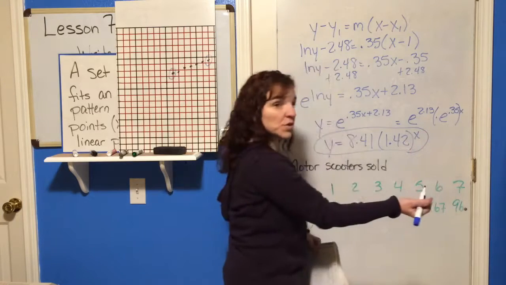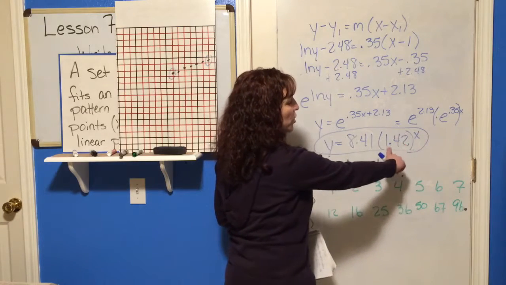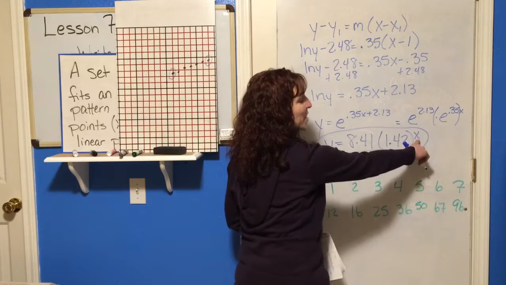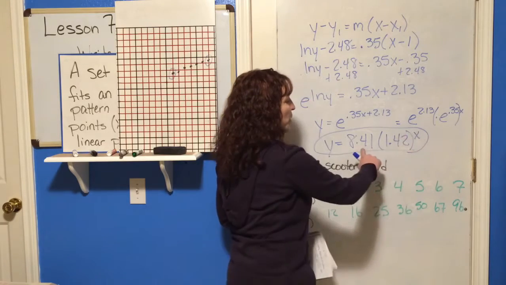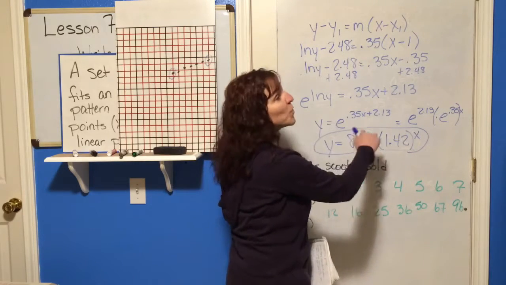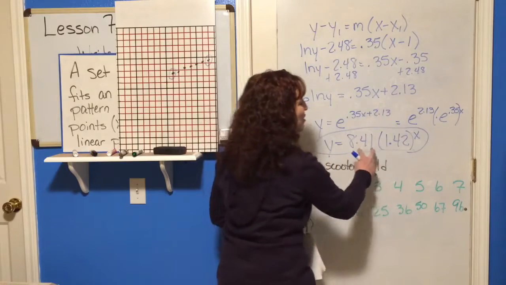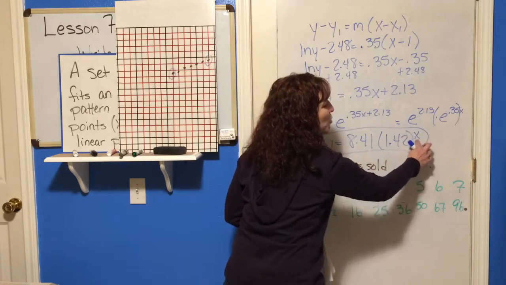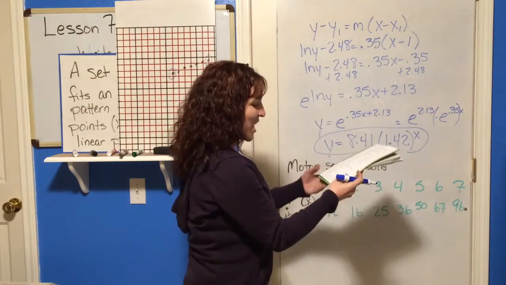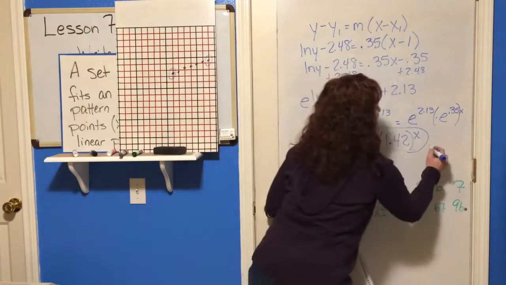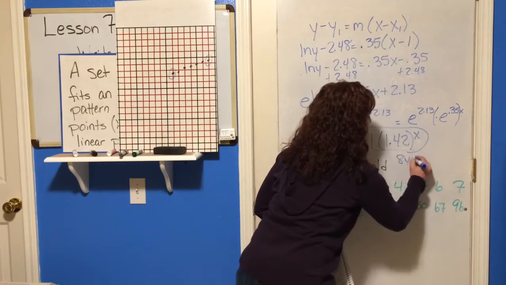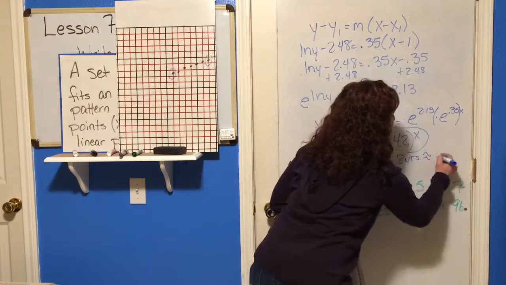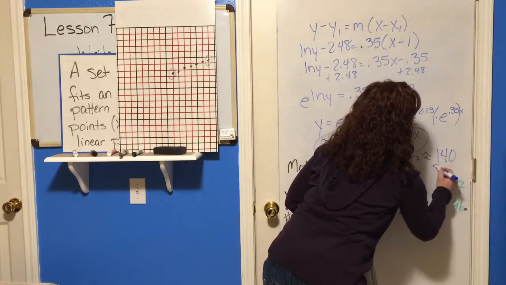In your calculator, you would put in 1.42 to the 8th power and take that number times 8.41. Or if you've got a scientific calculator, just plug it in exactly like this, putting in an 8 for the x, and you would find out that in 8 years you're going to sell roughly 140 scooters.